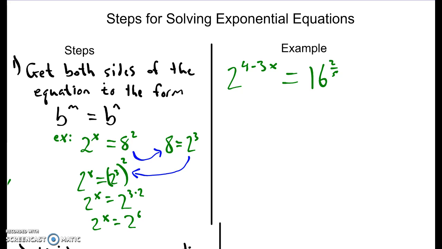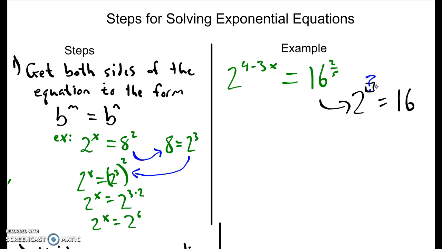So with that in mind, our first step must be to take 16 and rewrite it as 2 to the something. We don't know what yet.